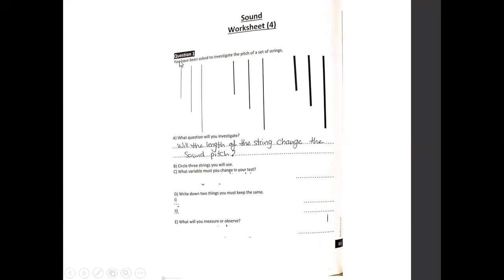But if I'm going to pick this string, this one, and this one, then I'm comparing between the thickness. But you have to make sure that you're choosing strings with the same length. So you are comparing between the thickness. Then the question will be, will the thickness of the string affect the sound pitch?